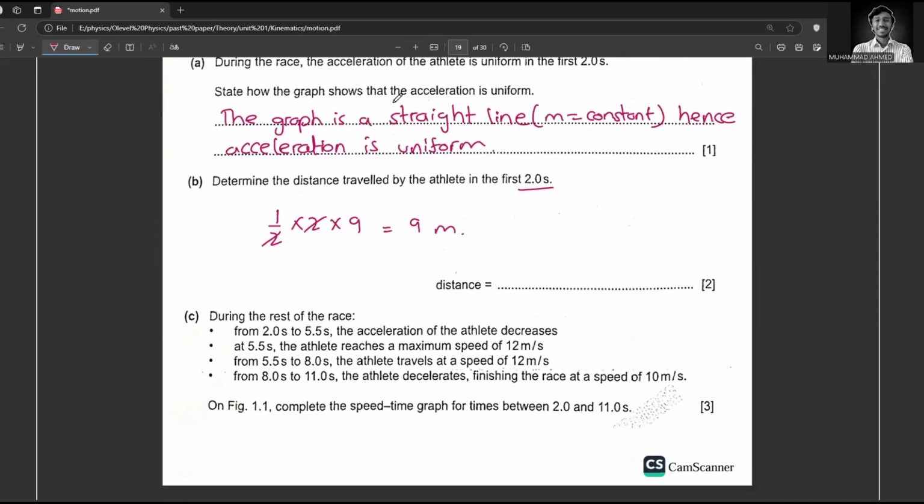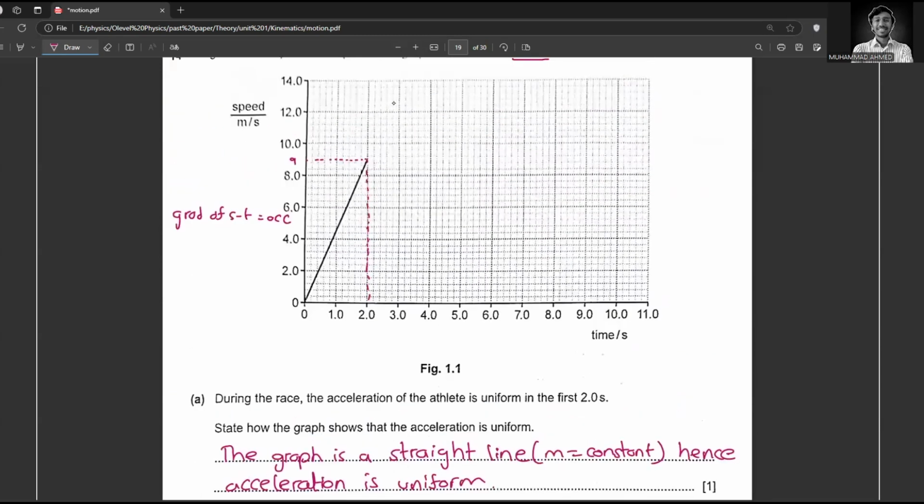From time t = 5.5 seconds, the acceleration of the athlete decreases. Can you see here? Acceleration decreases, but you are not decelerating. At time t = 5.5 seconds, the athlete reaches a maximum value of 12 m/s. So let's first of all make that.